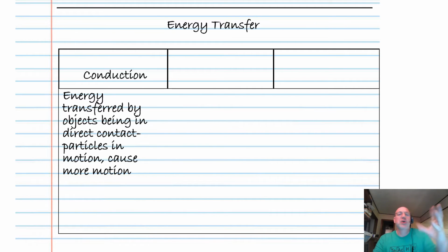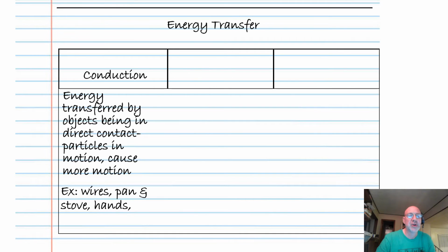Okay, so for all these examples that I gave, we're going to write some examples down below this definition, and we'll do this for all three. Here are a few that I recall I brought up: wires, a pan on a stove, your hands. You could put water vapor in the atmosphere. Now you know the significance of that when it's cold.